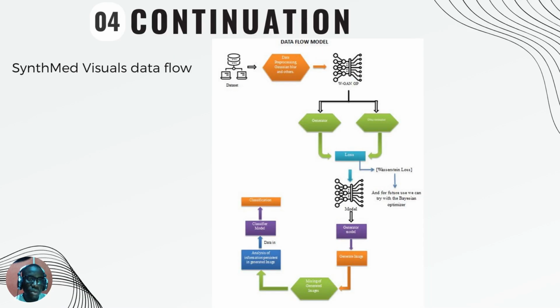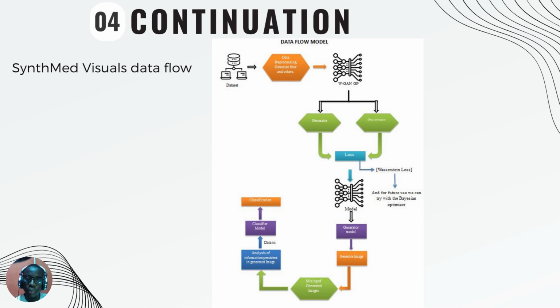Because of time, in my own team we are applying synthetic data to computer vision for generating many images in the medical line. This is how our data models look.